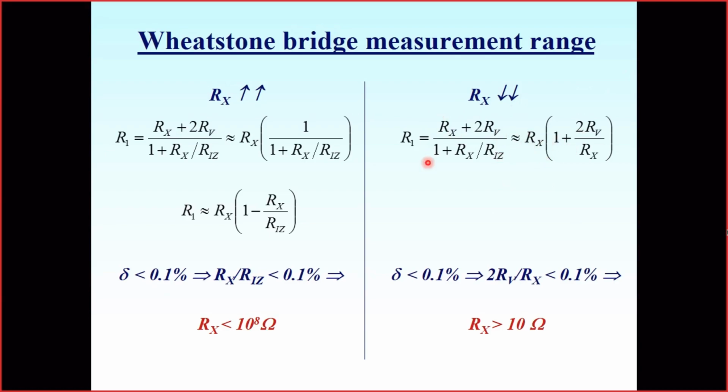So I get that R1 will be approximately Rx plus 1 divided by 2 RV divided by Rx. The measured resistance will differ from the actual resistance by this relative member, so this is my relative measurement error, RV divided by Rx. And I require that this error should be less than 0.1%, which means the ratio RV divided by Rx should be less than 1/1000th.